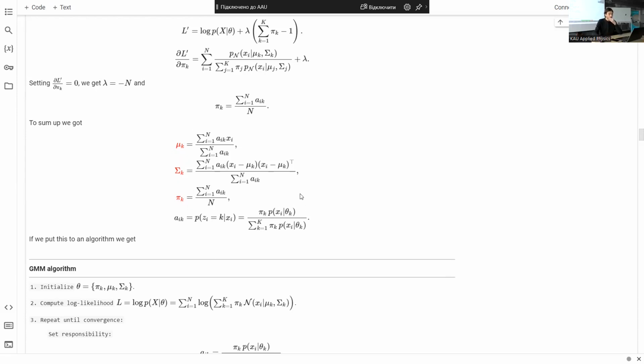So what I want you to see here is that when I'm calculating, for example, mu k, the only thing I need to make that calculation are these a_ik.